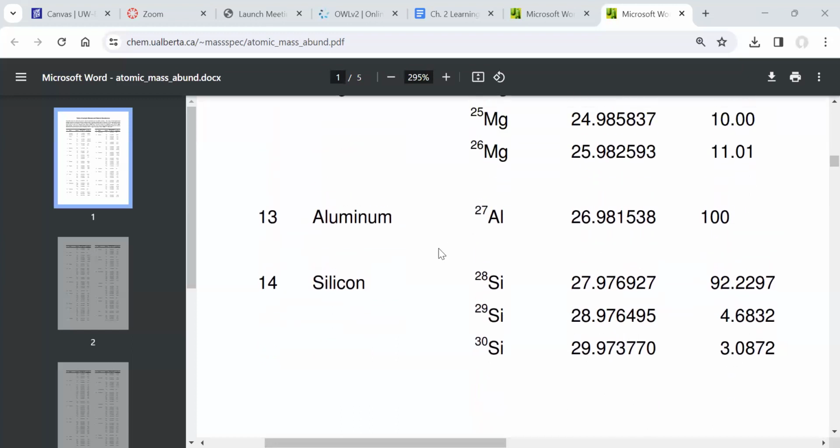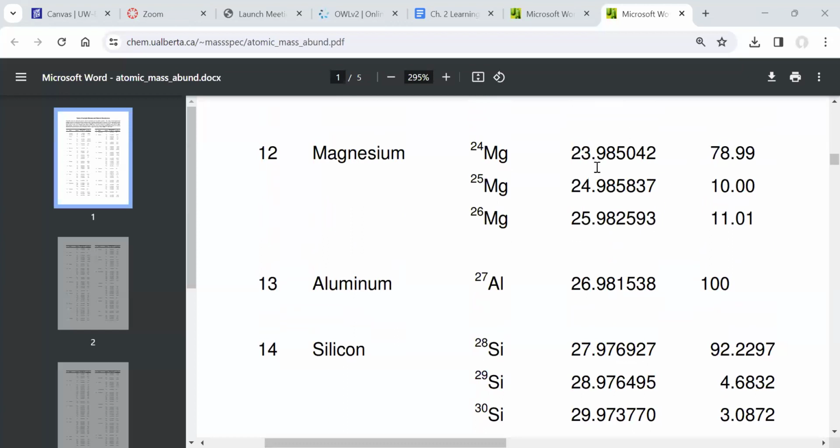So again, you only have to do that if there's more than one isotope found in nature. Aluminum, 26.98. So if we look on the periodic table, aluminum is going to be 26.98.